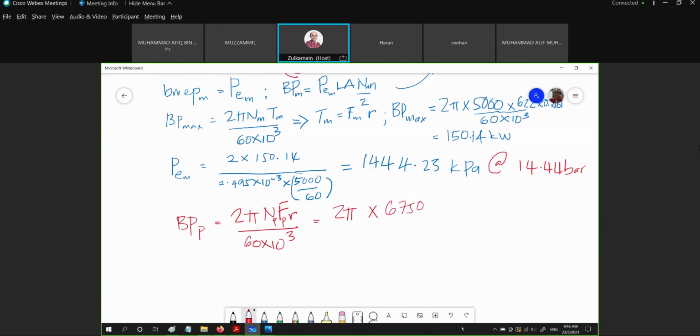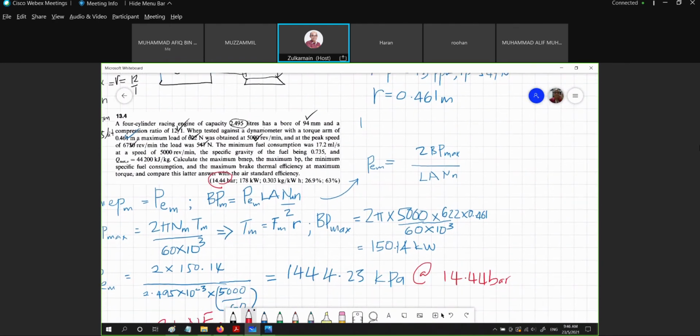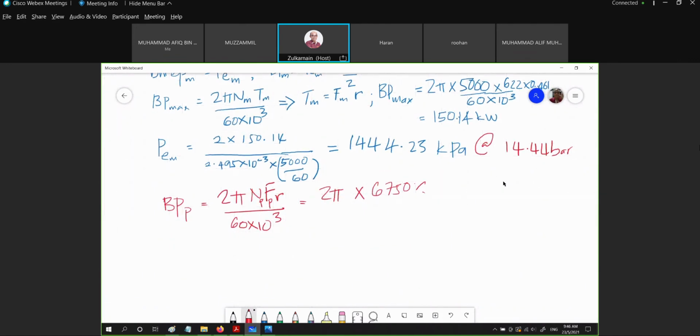6750 multiply by F kita pada peak adalah 547, kalikan dengan R kita adalah 0.461 divided by 60,000. So what is that?